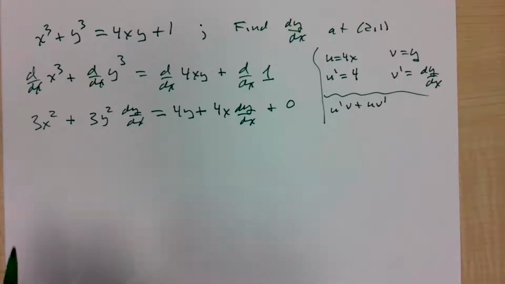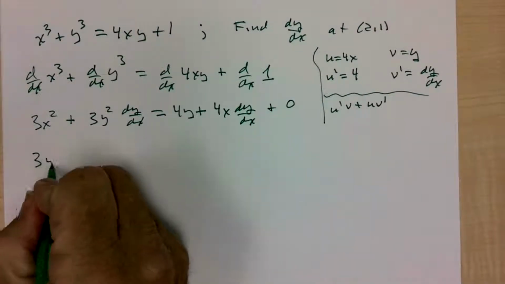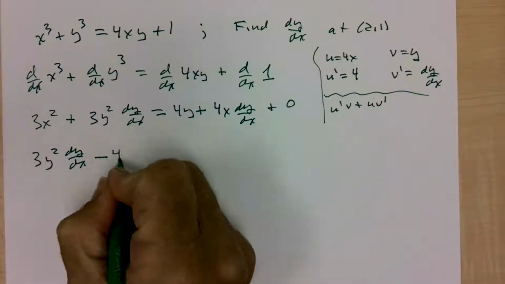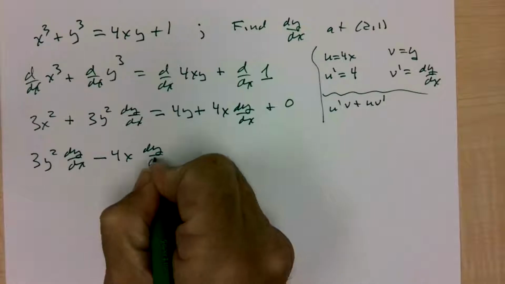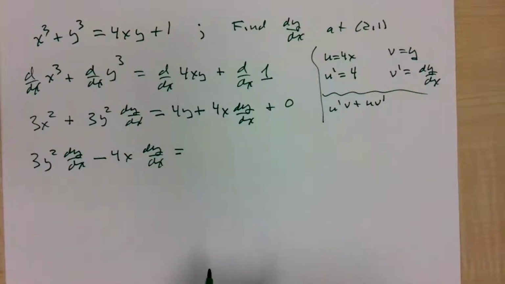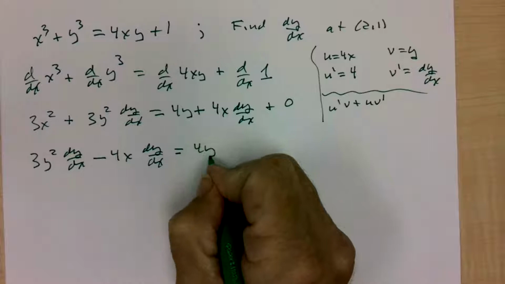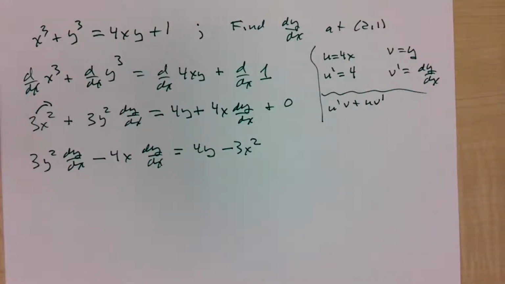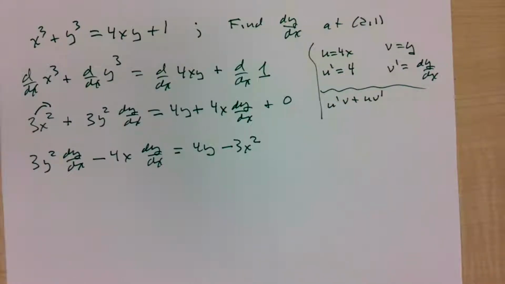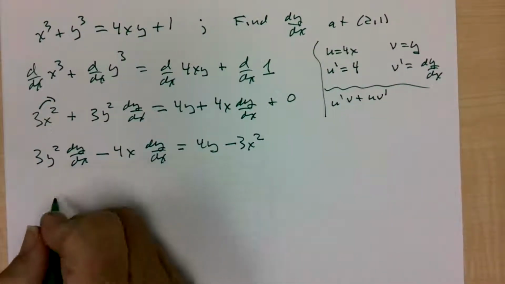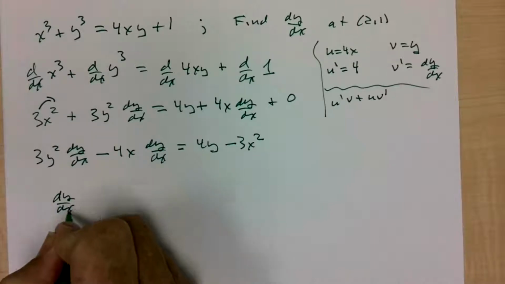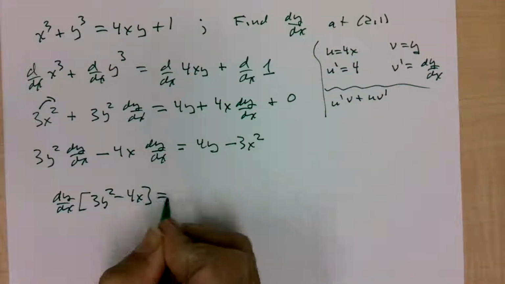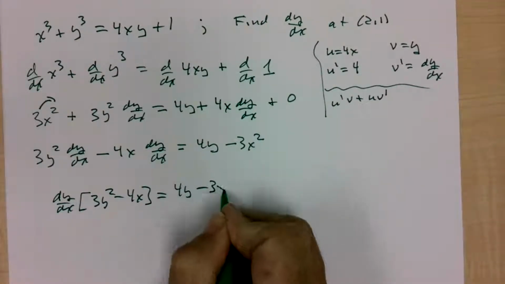Now let's get all of the dy dx's on the left side, so that will be 3y squared dy dx minus 4x dy dx equals, on the right side, we are going to have what? 4y. Move that to the other side, minus 3x squared. Factoring out the dy dx, we get dy dx times 3y squared minus 4x equals 4y minus 3x squared.